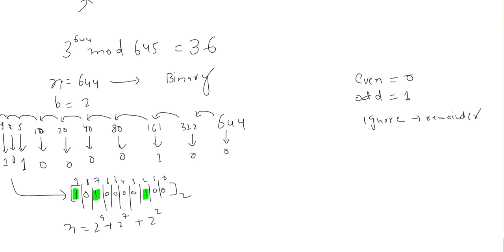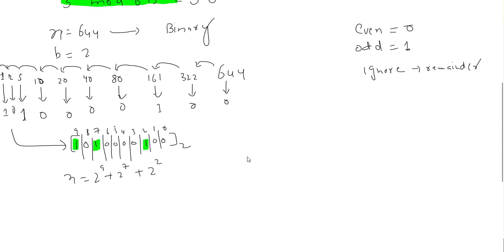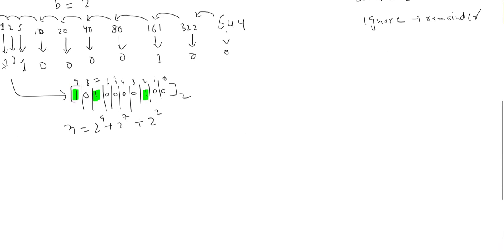Then this expression can be rewritten as 3 to the power of 2^9 + 2^7 + 2^2 mod 645.